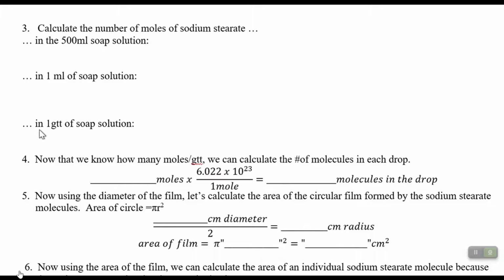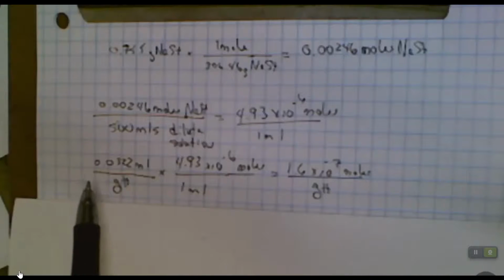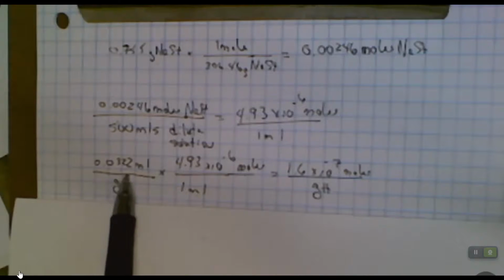Now I need to know the number of moles in 1 drop, because I only put 1 drop of that 500 ml solution onto the surface of my water. So let me show you how we calculate that. We determined when we calibrated our eyedropper that there were 0.0322 milliliters in each drop.